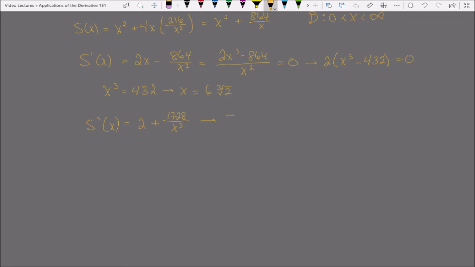This would mean that S double prime of 6 cube root of 2 is greater than 0, and so this does indeed result in a min.